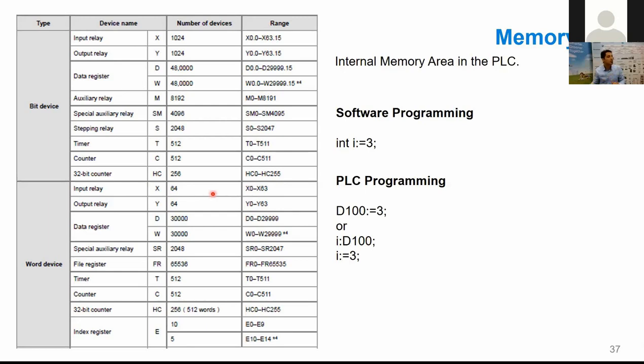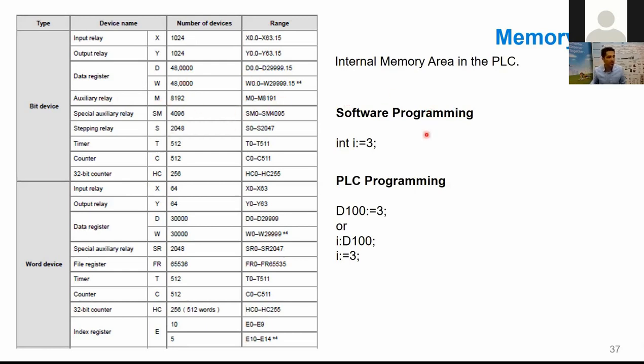For the physical input, I need to use the X channel. For the digital output, I need to use the Y output, okay? M is only bit, so I cannot type M0.0, no need, because it cannot be a word. So you need to define it as M0, M1, but it still means bits only, okay? So this is the memory area.